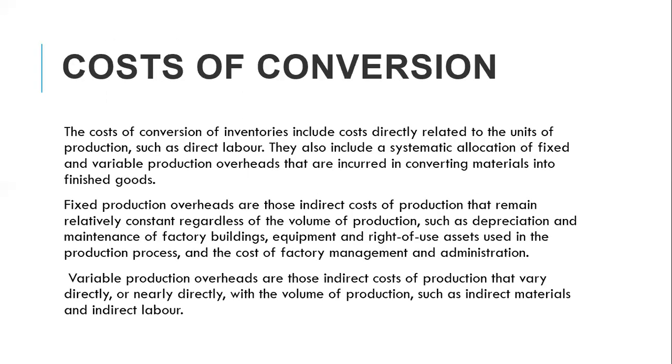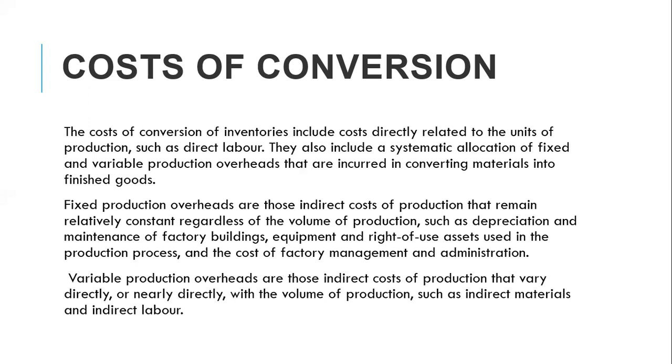Now, I've talked about the cost of conversion, especially for a production environment. So you bought raw materials, you still have to convert the raw materials into work in progress, from work in progress to finished goods. All those costs also, you need to add to the cost of purchase. Then also remember your production overheads that are directly attributable to your inventory.